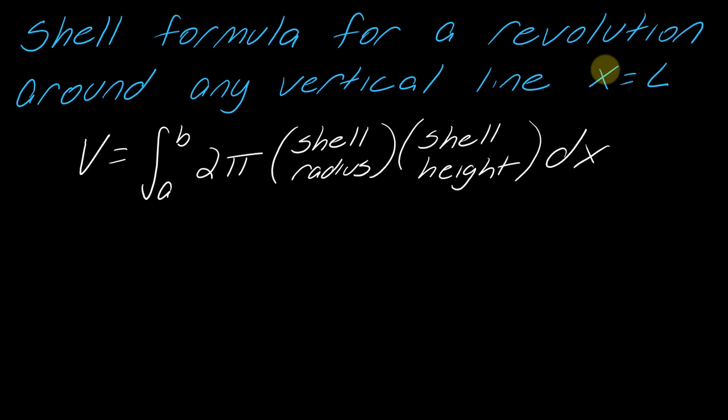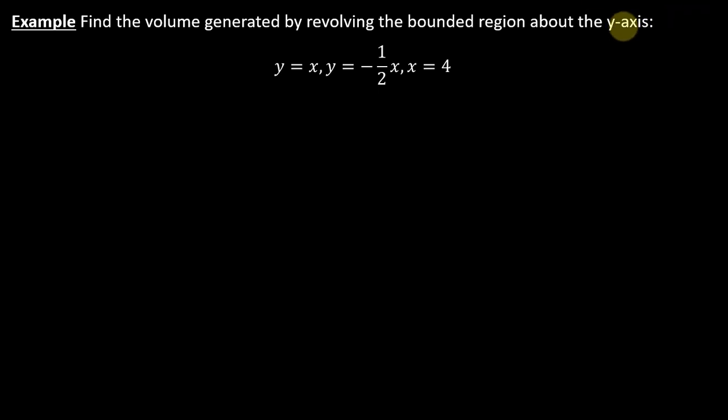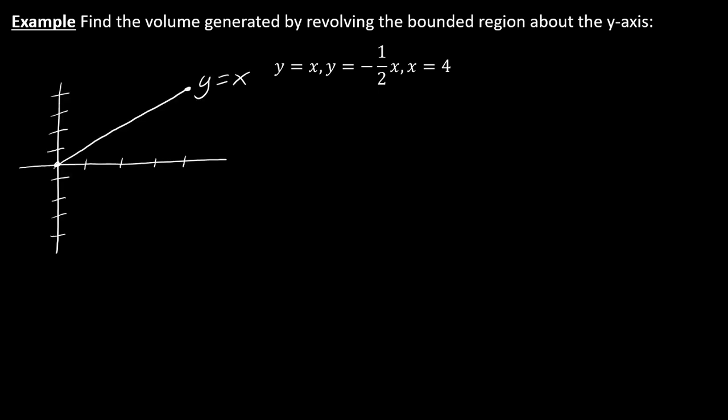One of the things that is different with the shell method versus the disc and washer method is that when you go about the y-axis or parallel to the y-axis, you integrate with respect to x. In this case, I'm rotating about the y-axis, so that is going to be integrated with respect to x.